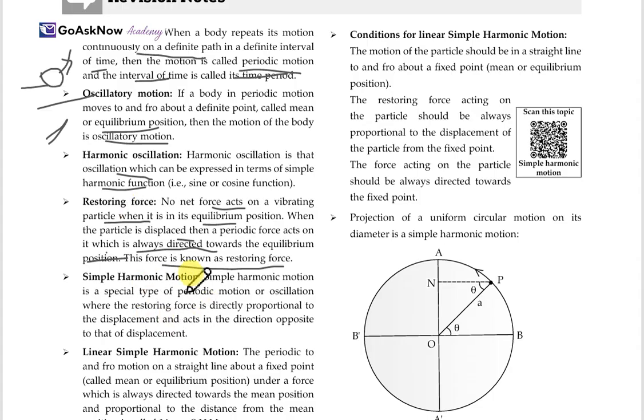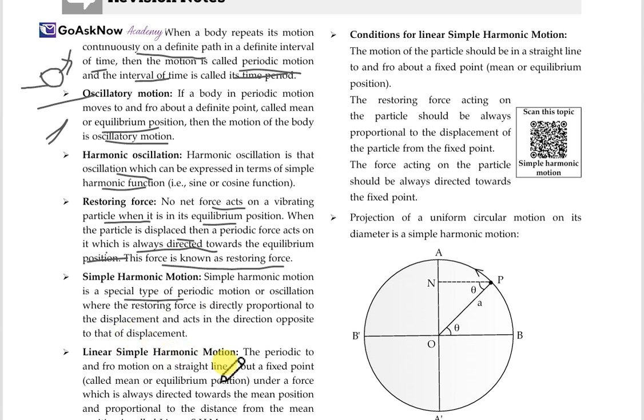Now, simple harmonic motion, which is SHM. Simple harmonic motion is a special type of periodic motion or oscillation where the restoring force is directly proportional to the displacement and acts in the direction opposite to the displacement.